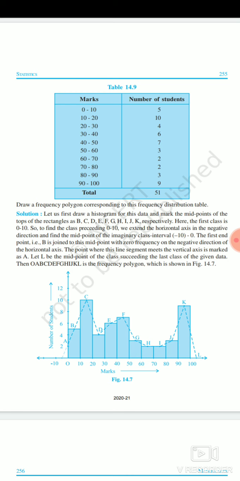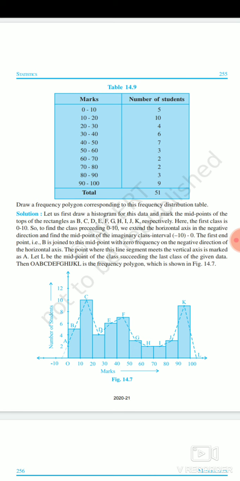There is no meaning of negative points. You only need to draw the positive points, so note down only positive points. For A, you are going to mark the starting point on the x-axis. Your class width is 10, so the average is 5. So from minus 10 to 0 you plot the point minus 5 comma 0.